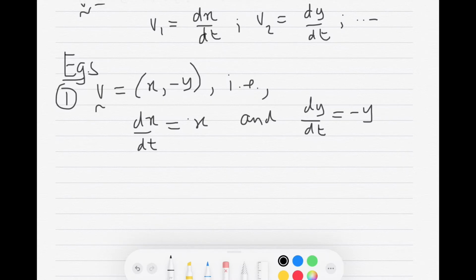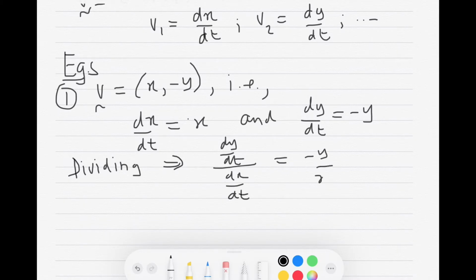We can write these 2 equations as a single system by noting that if we divide the one by the other, we eliminate the t. So if we divide these 2 equations, what we get is the following. We get that dy dt divided by dx dt, so here we have dy dt over dx dt equals minus y over x.